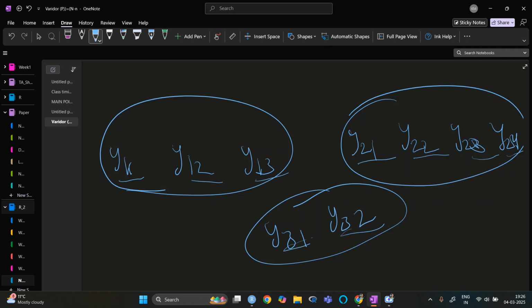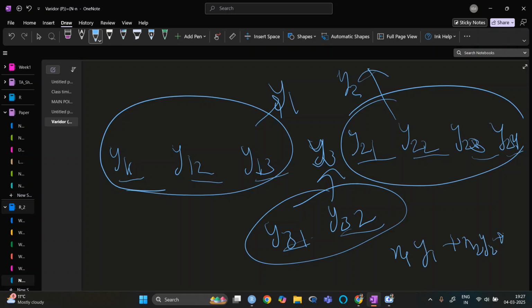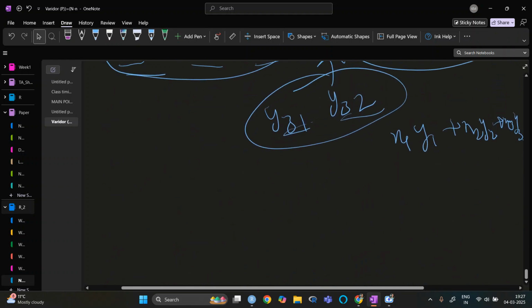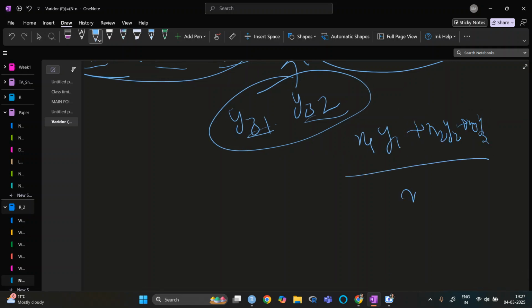If we take everything directly, then that expectation is unbiased. But if I take the mean from here, mean from here, and mean from here, let's say ȳ1, ȳ2, and ȳ3, and take the weighted mean n1 ȳ1 plus n2 ȳ2 plus n3 ȳ3 divided by small n, then this is biased.